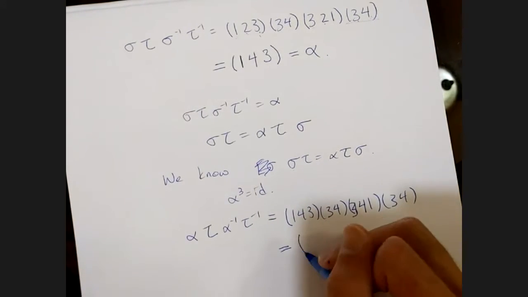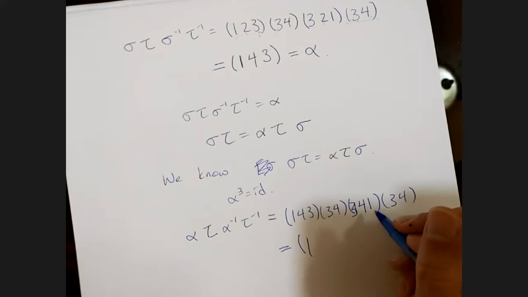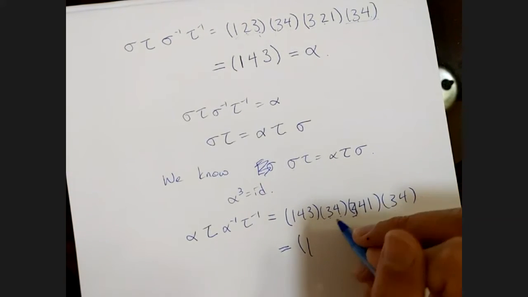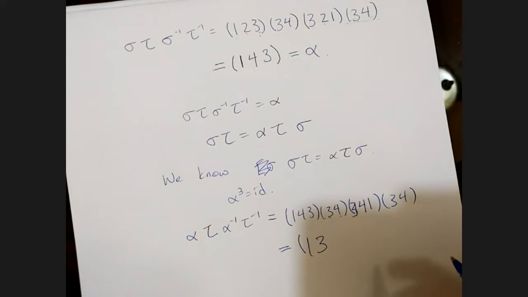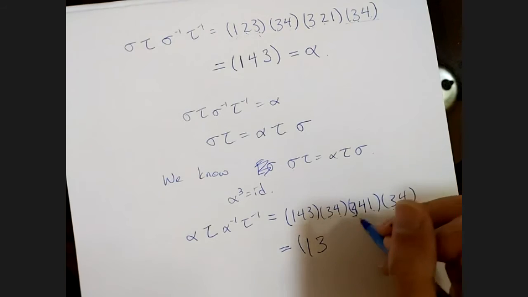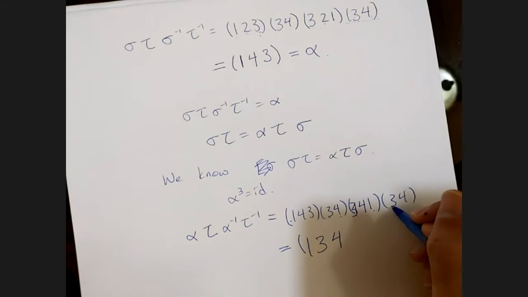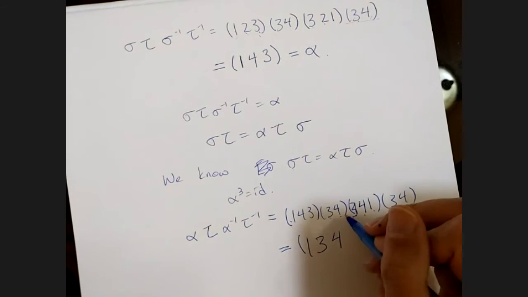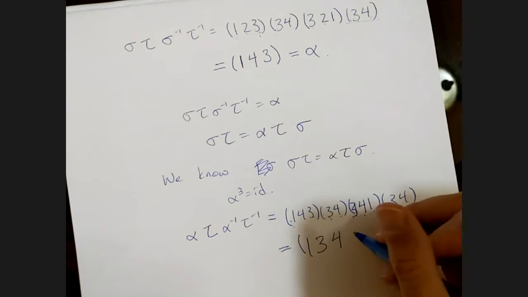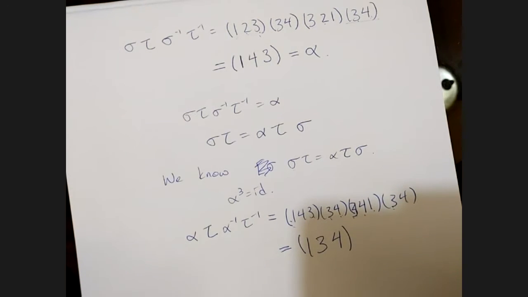Well, start from 1, 1 gets sent to 3, 3 to 4, 4 to 3. And then what about 3? 3 gets sent to 4, 4 to 1, 1 to 4. What about 4? 4 gets sent to 3, 3 back to 4, 4 to 3, 3 to 1. So this is the 3 cycle (1 3 4).